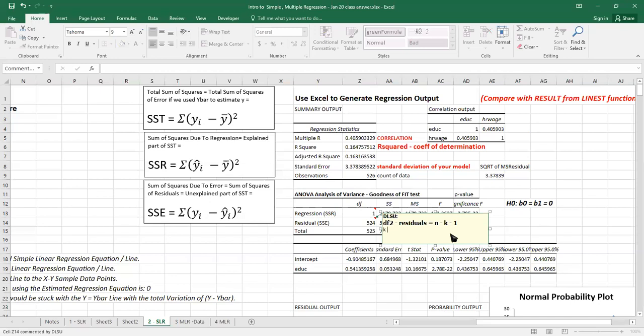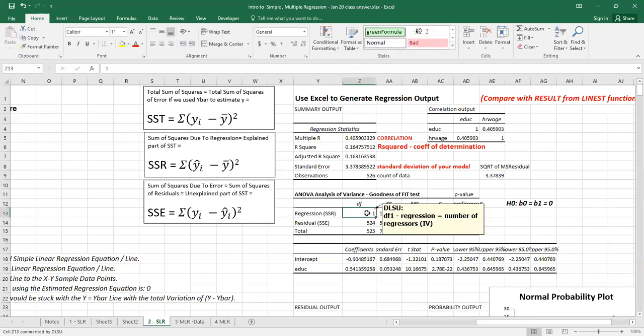Where k is your number of IVs. Okay, kung ilan yung IVs natin, guys, yun ang k natin. Okay, so in fact, this is your edit comment. This is equal to your k. Others call it k, others call it q.